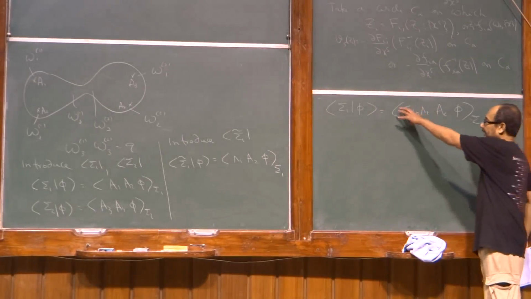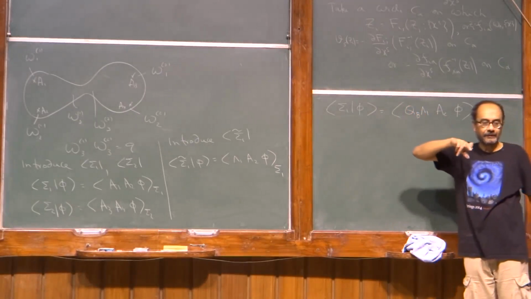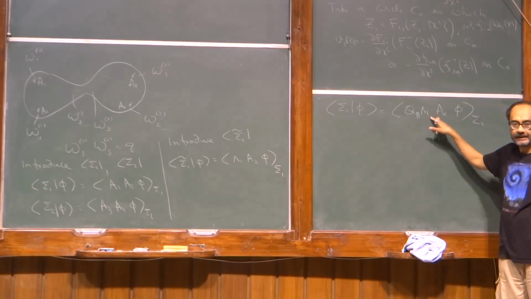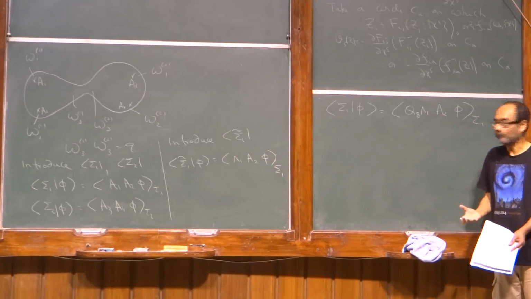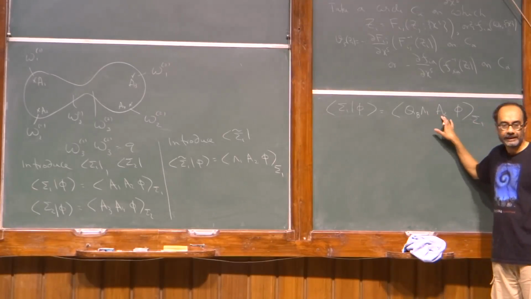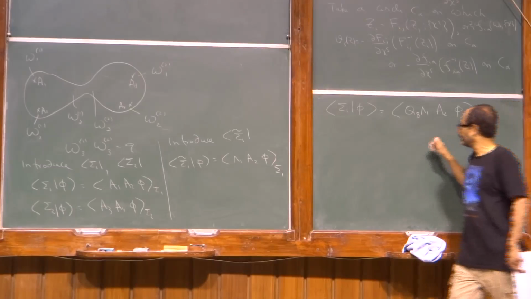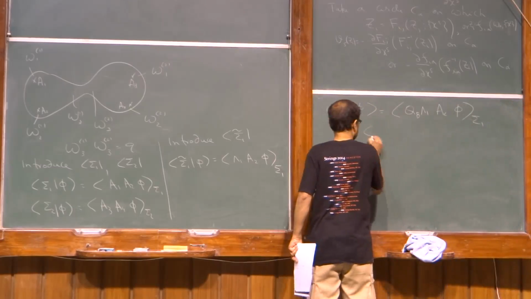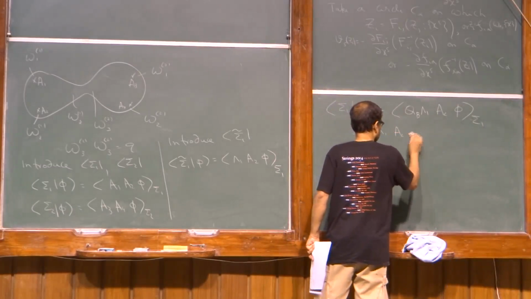Now you have three punctures here, and QB is being integrated around the first puncture where lambda 1 is inserted. You just deform the contour and try to shrink it to a point. In that process, it will pass through A2 because A2 is BRST invariant, but it will hit phi. So the claim is that this is lambda 1, A2, QB phi.